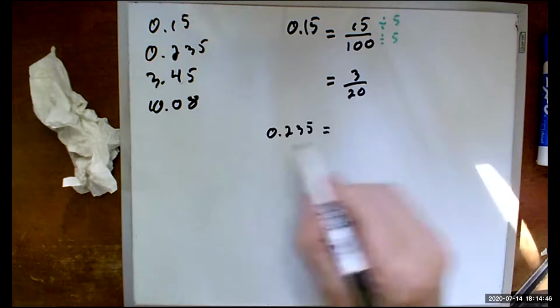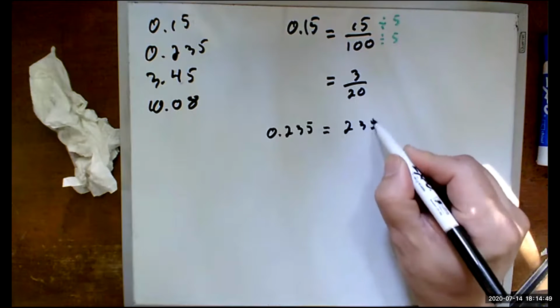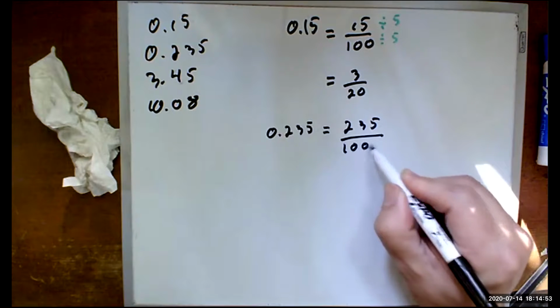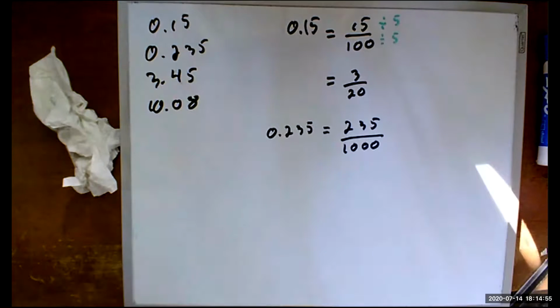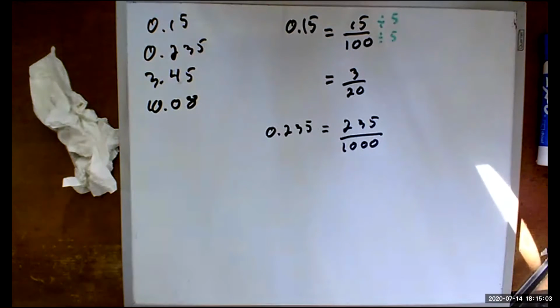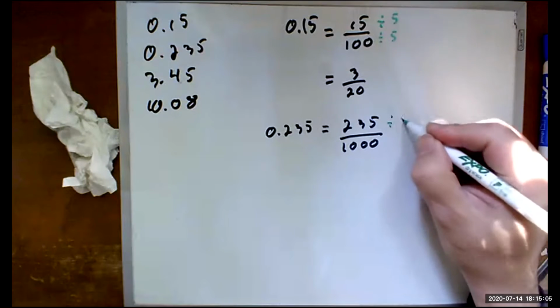0.235 would go through the same process. I have 3 digits that I'm dealing with inside my decimal, so I need 3 zeros on the bottom. Once again, this one ends in a 5, which means I know it will divide by 5, so that's the first step that I'm going to take.